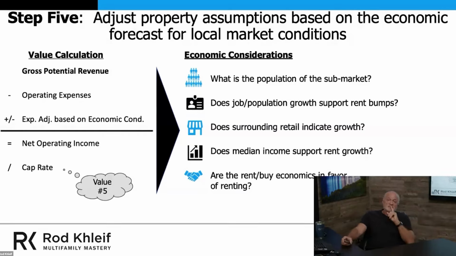Now, this is very important, and I'm going to show you this when I show you the sample deal package on that asset in San Antonio. You want to make sure that the median income supports where you believe you're going to take the rents, okay? You want to make sure that the people there make 3 times the amount of money that they need to pay in rent to rent one of your units, okay?